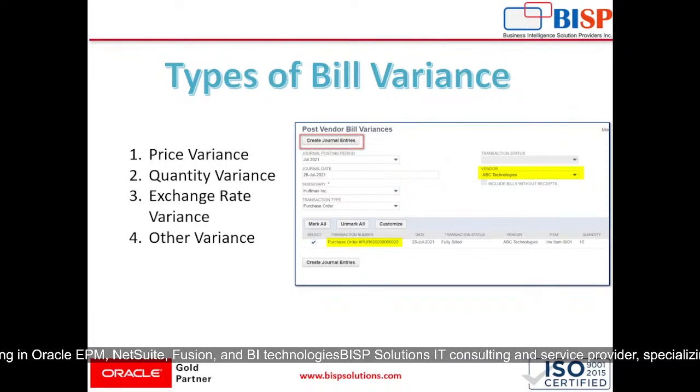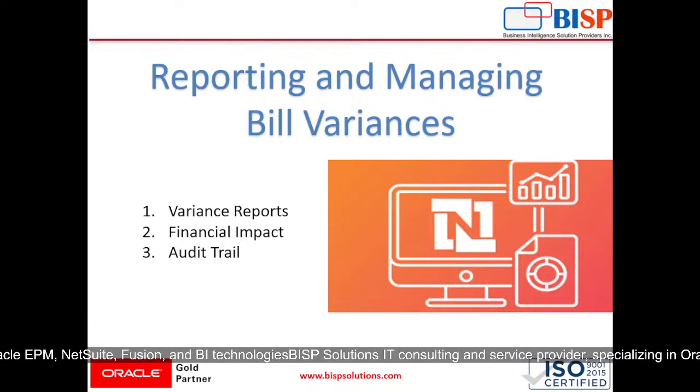Okay, coming to our next topic, which is reporting and managing bill variances. First is variance reports. NetSuite provides various reports to monitor and analyze bill variances, helping you understand the reasons behind the variances and take corrective actions.